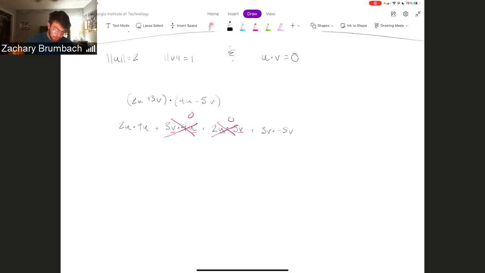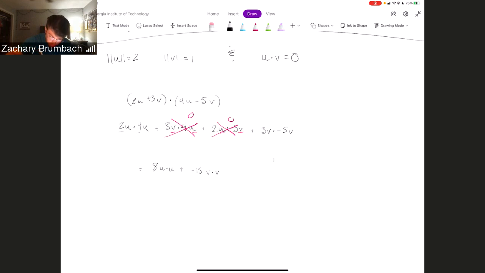Let me think about this for a second. Yeah. So what you do is multiply your coefficients together and you get 8 u dot u, plus negative 15 v dot v.